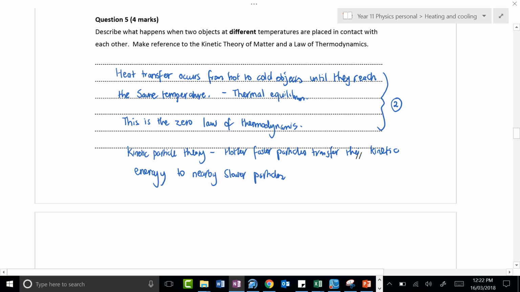So yeah, look, that's probably mentioning thermal equilibrium and heat transfer from hot to cold, and then mentioning that it's the zeroth law of thermodynamics and kinetic particle theory. That would give you your 4 marks. So hotter, faster particles transfer their kinetic energy to nearby slower particles.